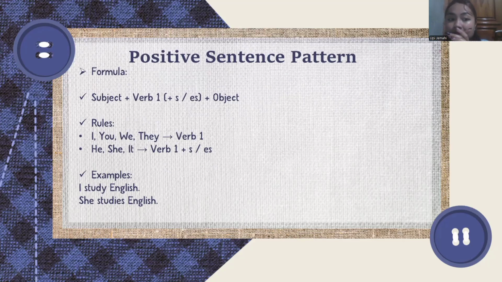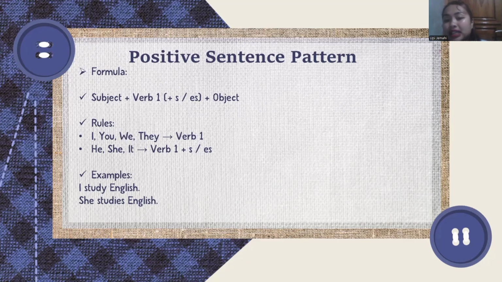For the subjects he, she, and it, we add s or es to the verb. For example, everyone can see in this PPT slide, example number one is: I study English.